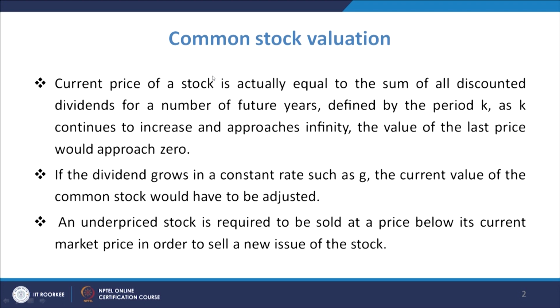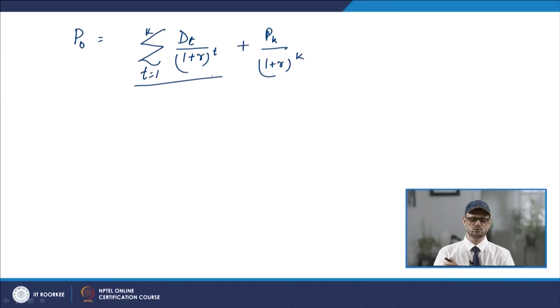Now, what we can further understand is that as k continues to increase and approaches infinity, the last price will certainly approach 0. So in this expression, if k approaches infinity, this term will be equal to 0.